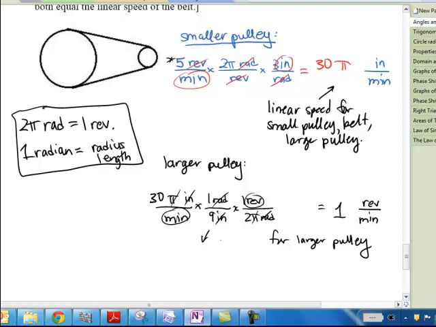So we'll have 15 divided by 9, it looks like. 15 ninths, so what's that, 1 and 6 ninths, or we can reduce that. If we divide everything by 3, we'll have 5 thirds, 1 and 2 thirds. So that should be the answer in that problem, 5 thirds revolution per minute for the larger pulley instead of 1. The number of revolutions went up from what we had before for the smaller pulley, and it makes sense that they would go up for the larger pulley as well.